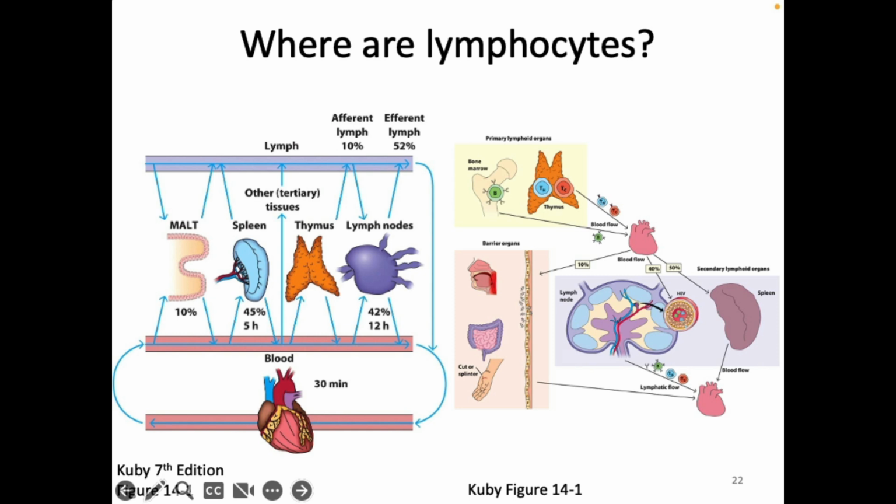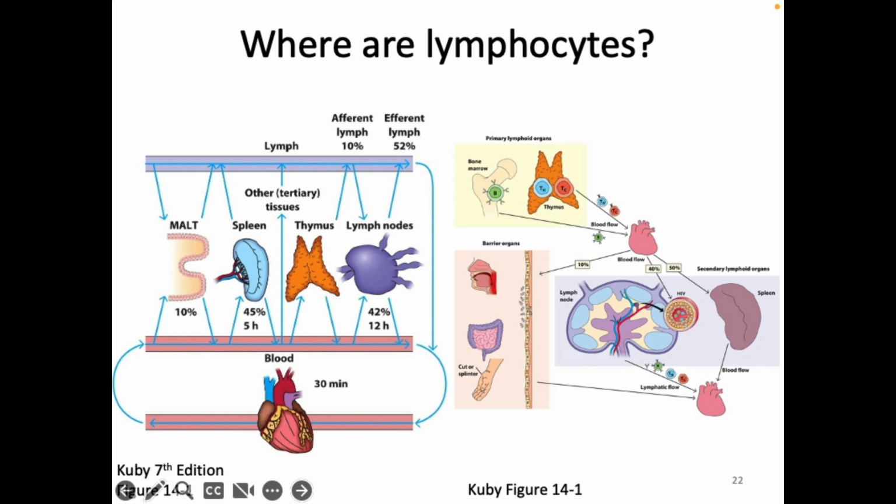But it might go to the spleen, check the spleen for antigen for 5 hours. It might go to the lymph nodes and check lymph nodes for antigen, and it might be there for like 12 hours. If it makes a full circuit in the blood, so it goes from the heart all the way around the blood vessels of the whole body and back to the heart, that takes 30 minutes to circle around the body in the blood.